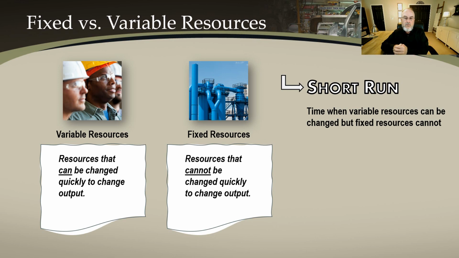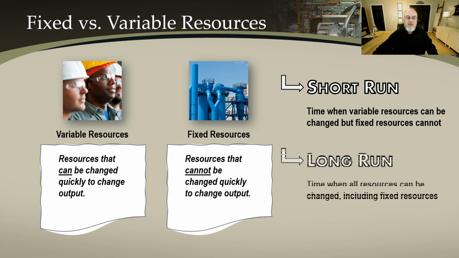That's called the short run. And the long run is enough time for me to change anything. In enough time, I can sell my building. In enough time, I can put in that entire new kitchen. So in the long run, all resources are variable if you give me enough time. All right, so that's short and long run.